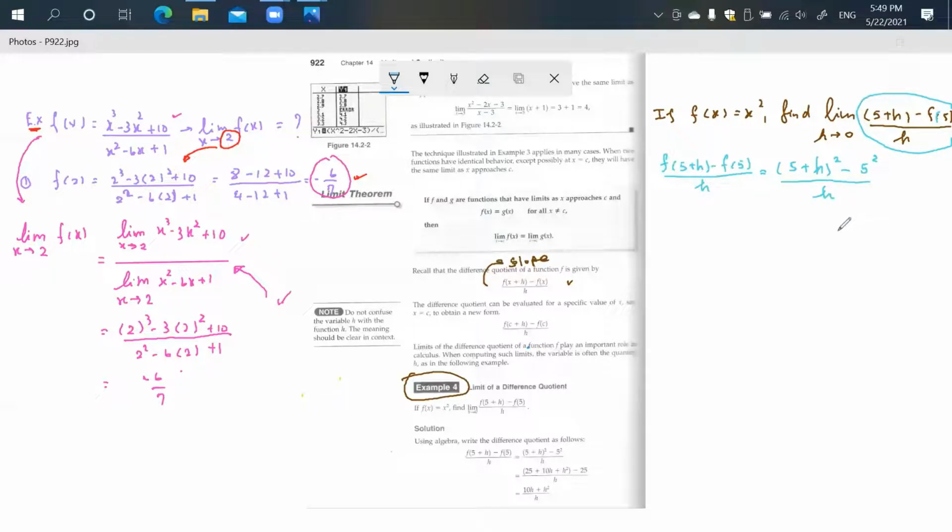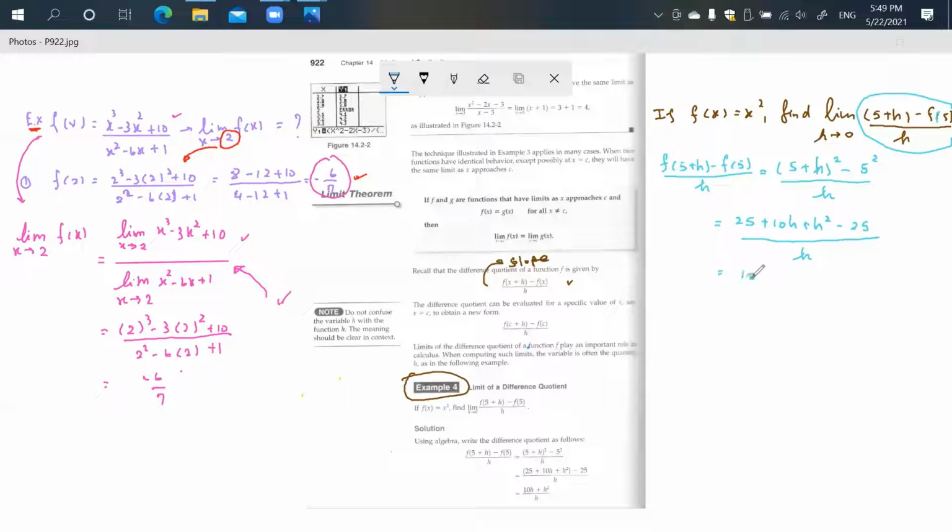Okay, that's the way. Then after this, you expand it. So it becomes 25 plus 2 times 5, which is 10h, plus h squared, minus 25, over h. Now we simplify, 25 and negative 25 cancel.